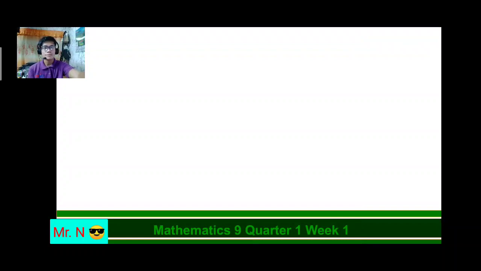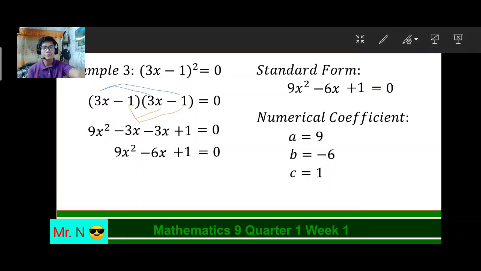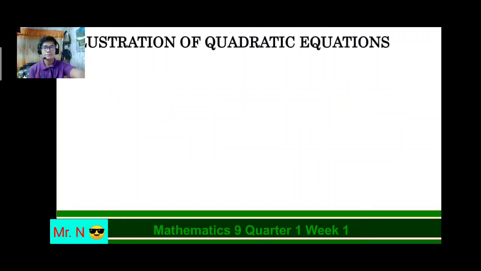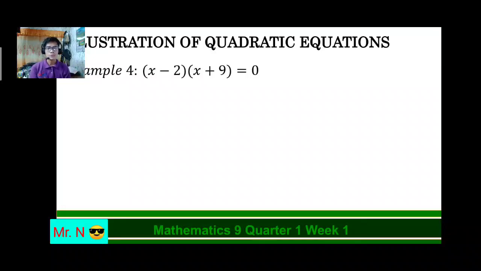Any question? None. Okay. Let's have example number 4. Quantity x minus 2 multiplied by quantity x plus 9 is equals to 0. Once again, para identify natin kung quadratic or not, i-simplify and then saka natin i-transform into standard form.